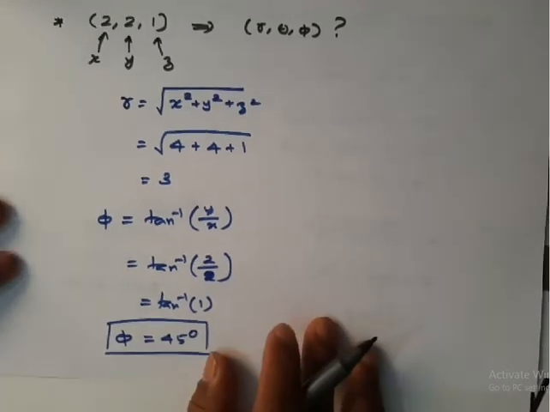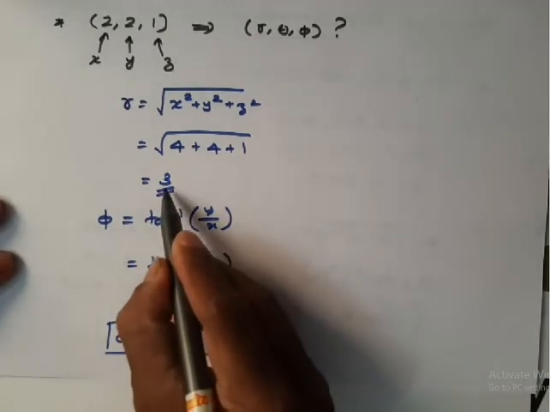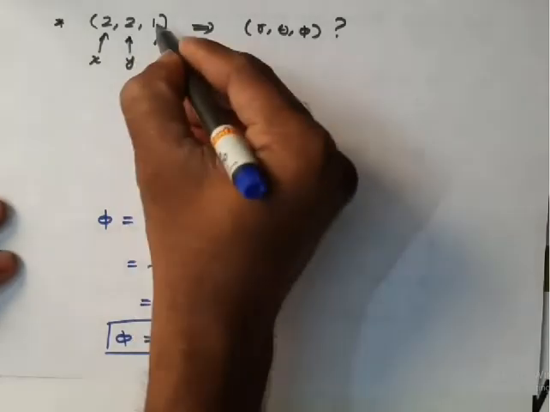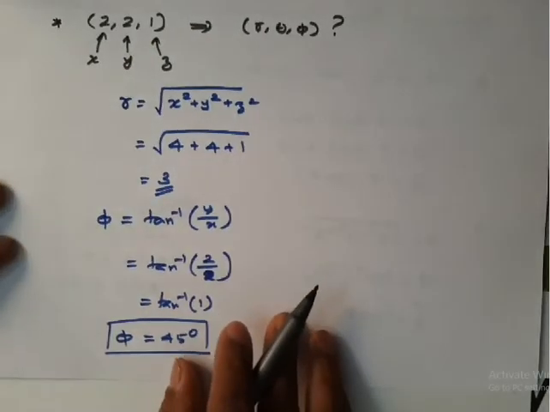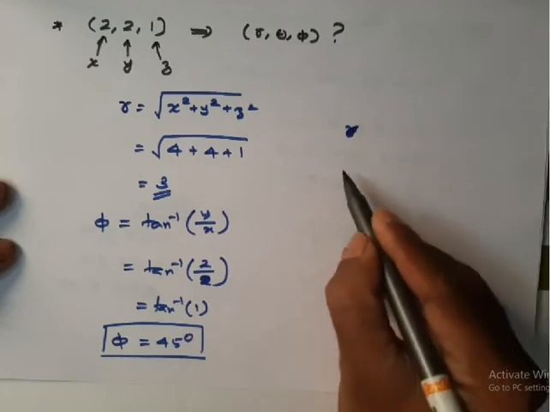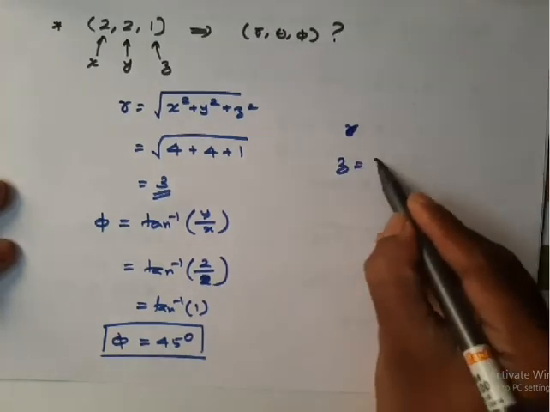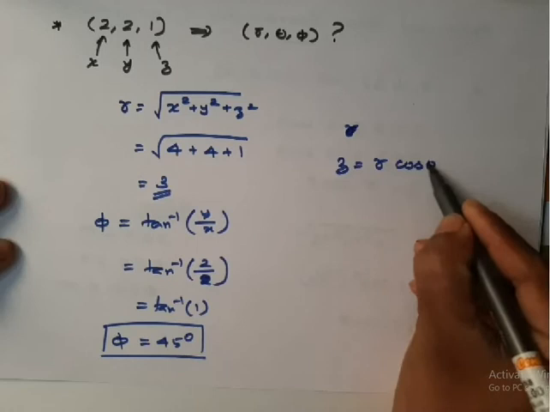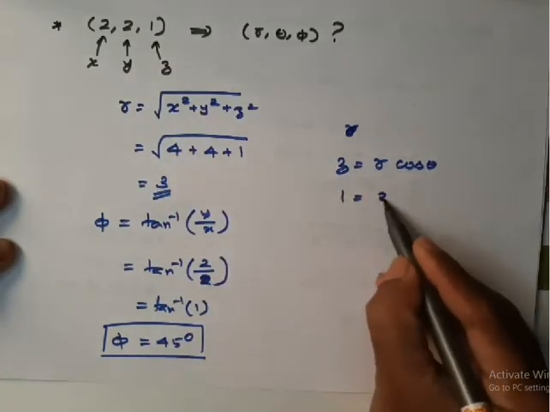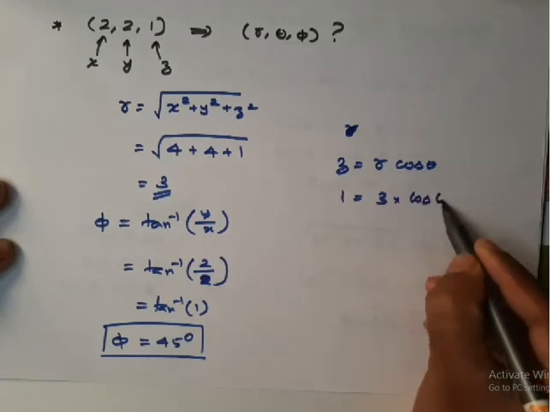Then, if you know the value of r, what's the value of theta? If you know the values of r and z, you can calculate theta. How? You know very well, z is equal to r into cos theta. The z value is 1 here, and r is 3, so 1 equals 3 into cos theta.